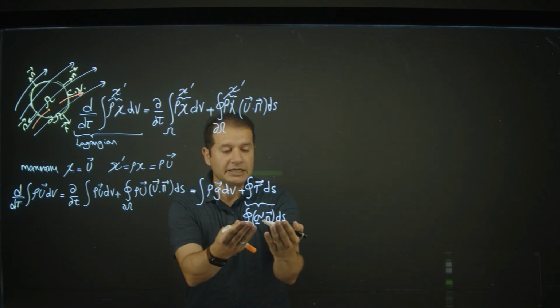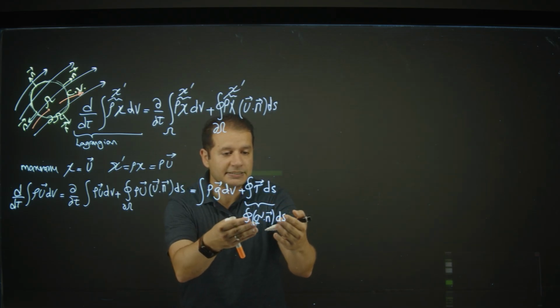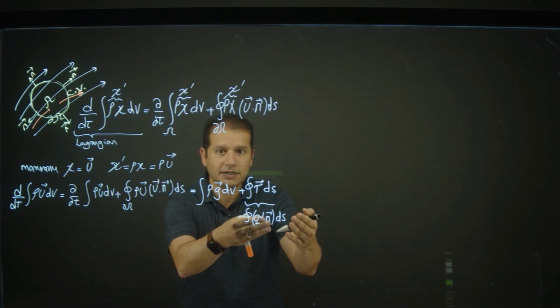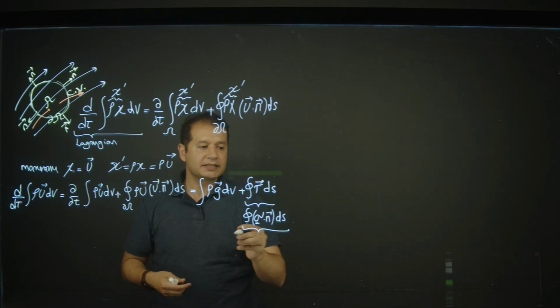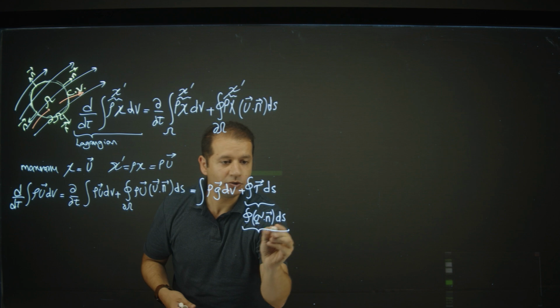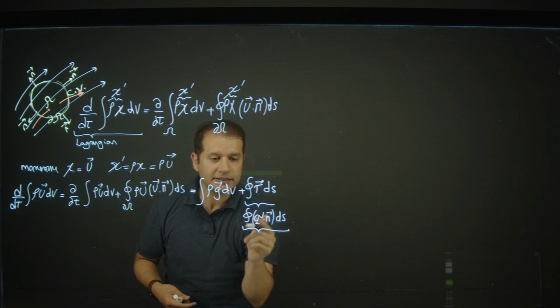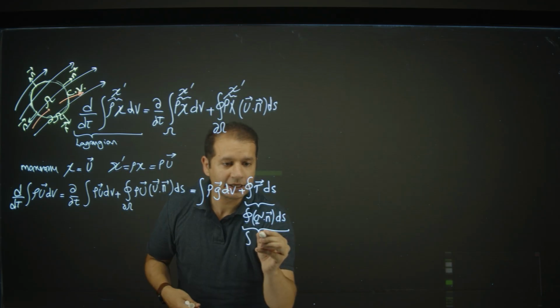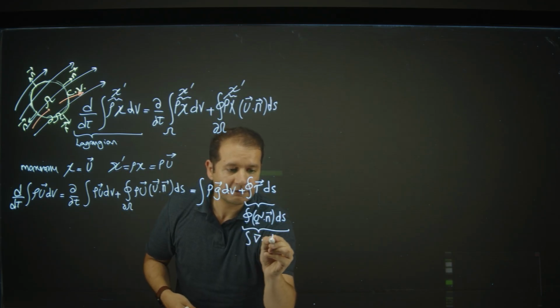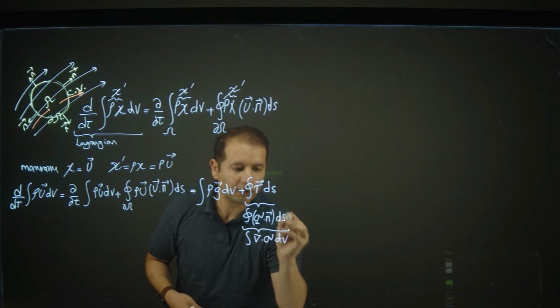And so you see that it's like a stress integration at the surface. I can use now the divergence theorem, and the divergence theorem says you can do this calculation of a stress at the interfaces by simply going through the volumetric integration of the divergence of a stress at the volume.